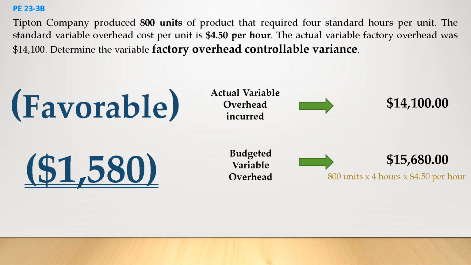It is simply multiplying 800 units by 4 hours, then by $4.50 per hour. And so the result is favorable by $1,580, simply because the actual variable overhead incurred is lesser than the budgeted variable overhead.